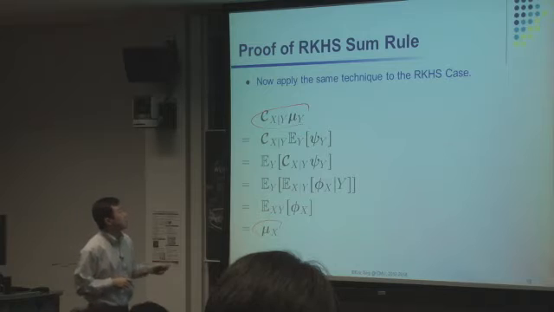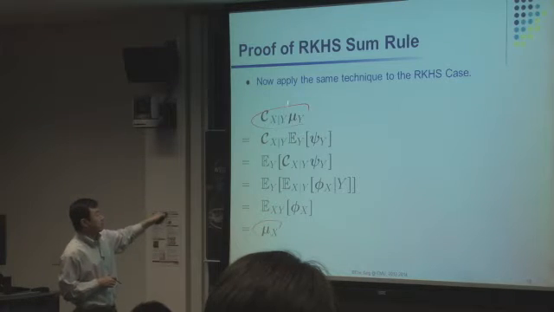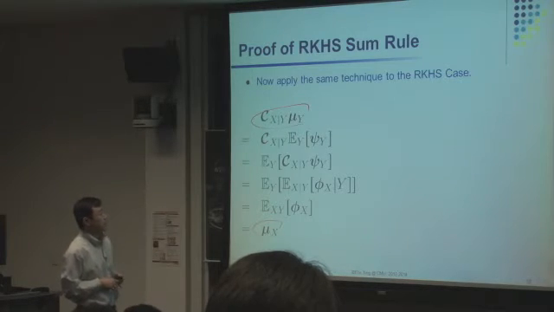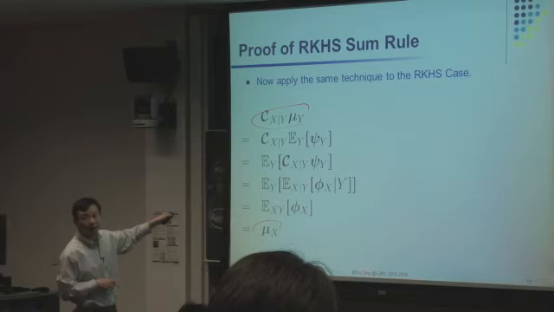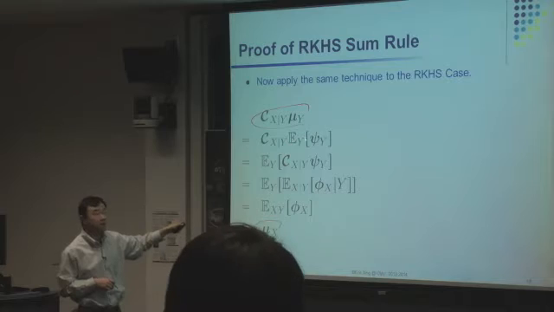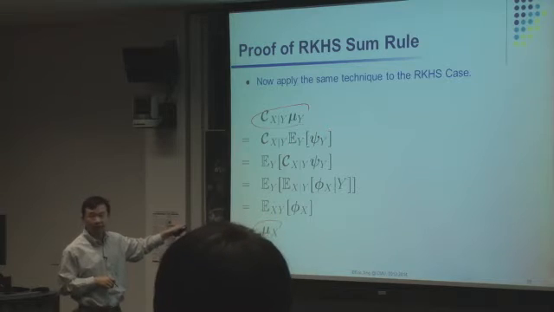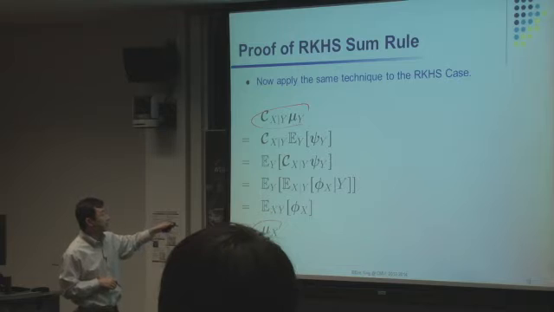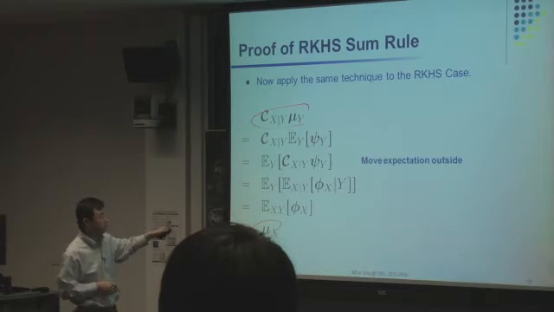Okay. So coming from here to here is by definition, because mu y, the mean map, is by definition equal to the expectation of the random feature map over y. And then the same kind of justification we went over carries here as well.